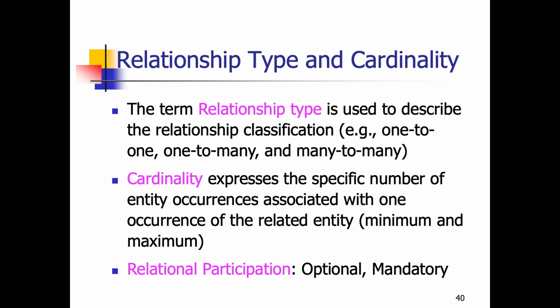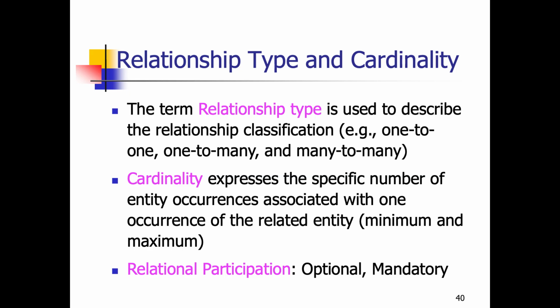Each student can be supervised, we assume, only by one supervisor, and each supervisor can supervise more than one student. In this case, I showed you these signs. Whenever you have this, it is showing one. Whenever you have this, it is showing many.